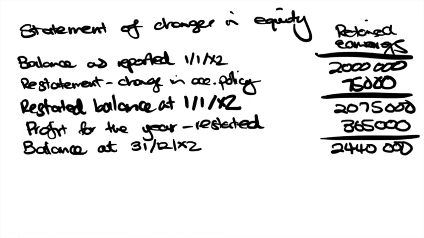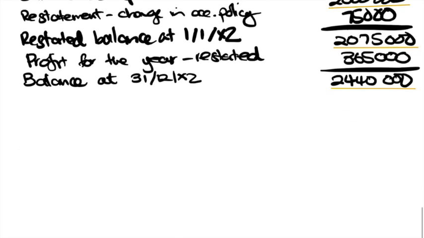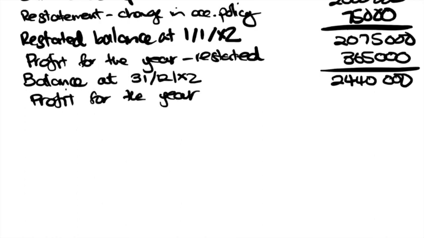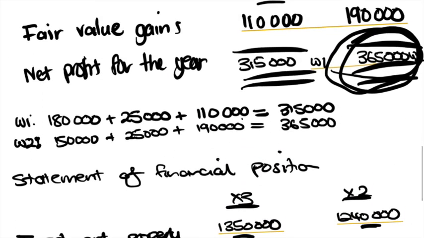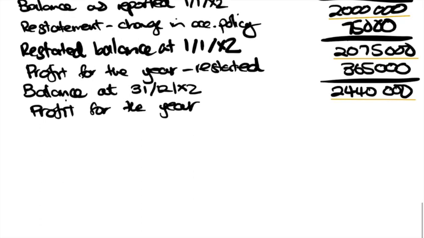000. So we're just adding those together, and that is our new restated balance. Then in the current year, we're going to have our current year profit. Profit for the year. If we look at our statement of comprehensive income, it's the 315 over there. So we're going to put our 315 over there.